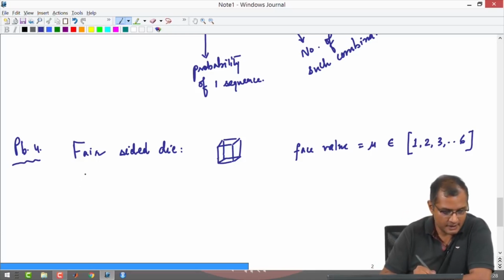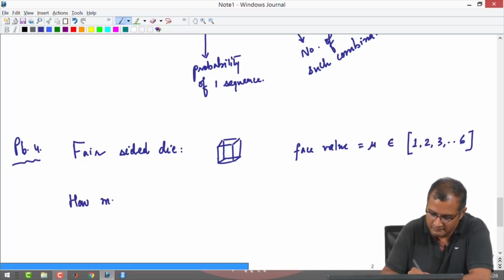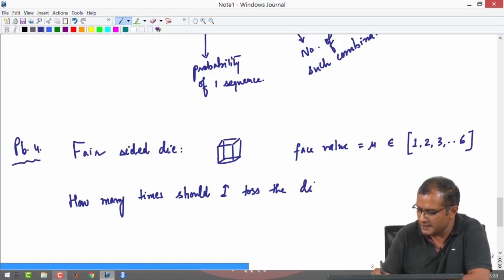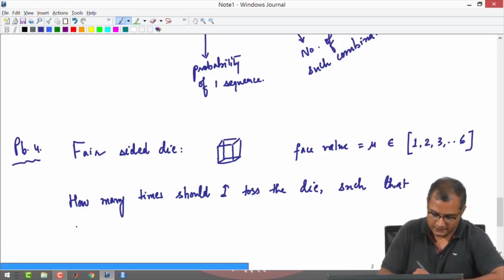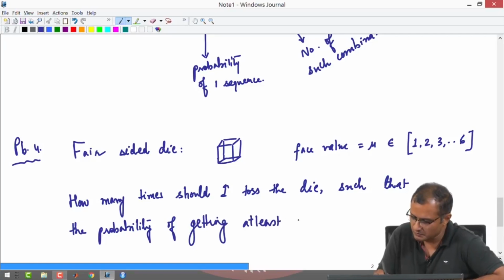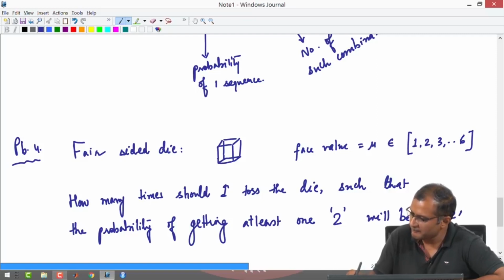Which means the question is, how many times should I toss the die such that the probability of getting at least 1 two will become 2/3.